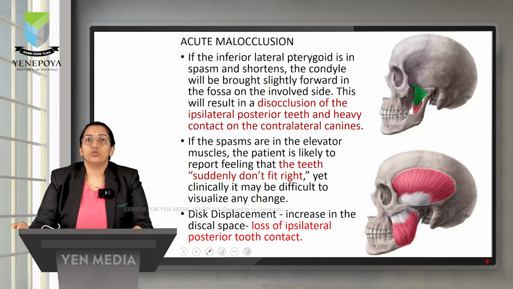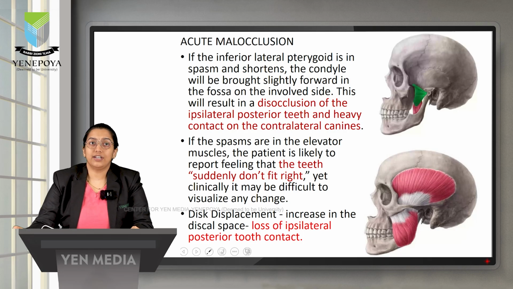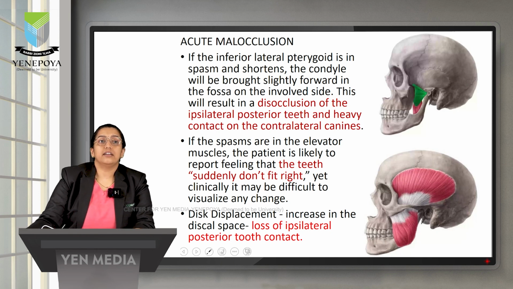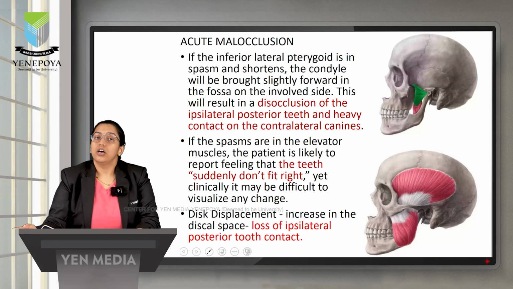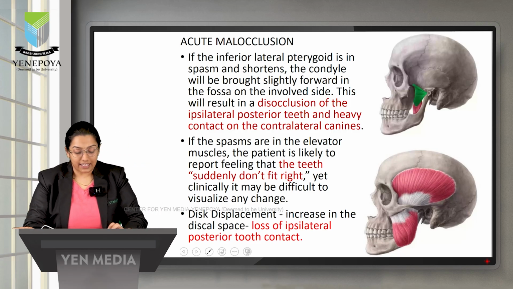Acute malocclusion is when the patient has a disocclusion of the ipsilateral posterior teeth and heavy contact on the contralateral canines, or the patient tells that the teeth suddenly don't fit right, with loss of ipsilateral posterior tooth contact. These are the key points in diagnosing what kind of disorder the patient has.